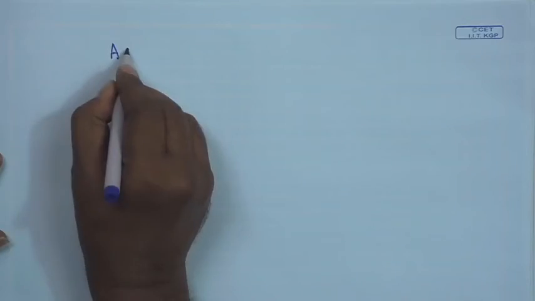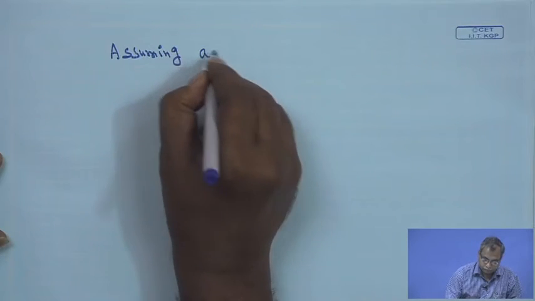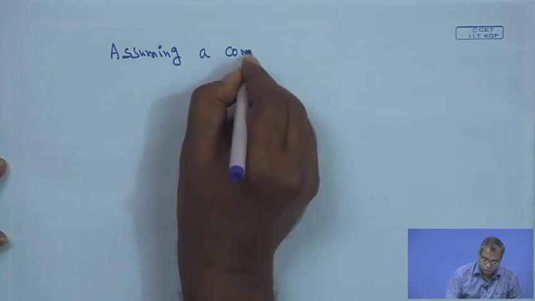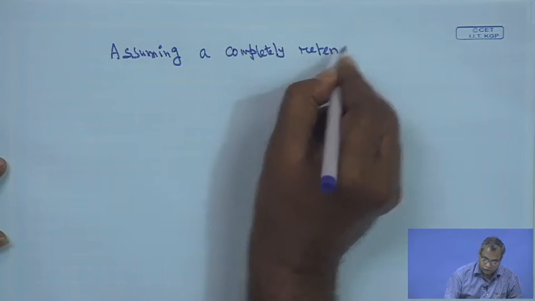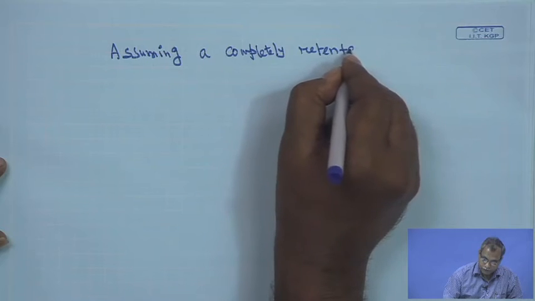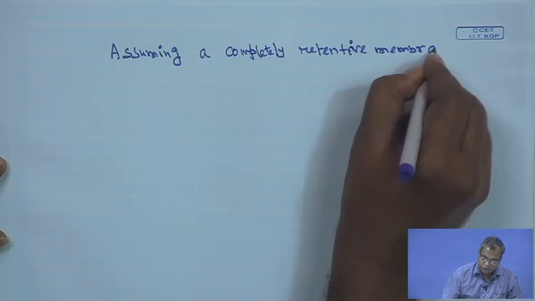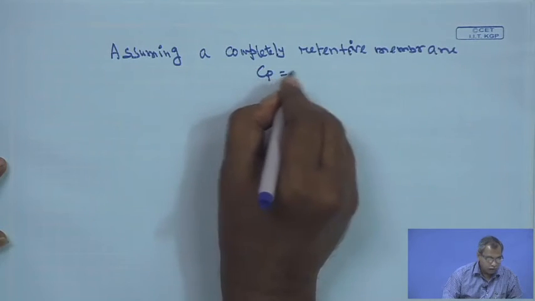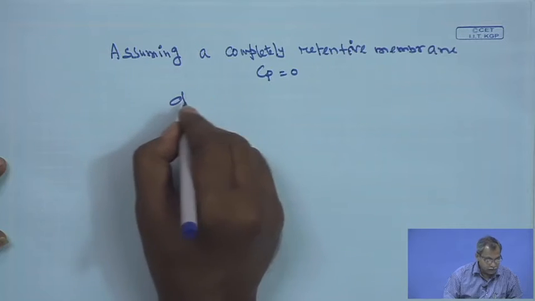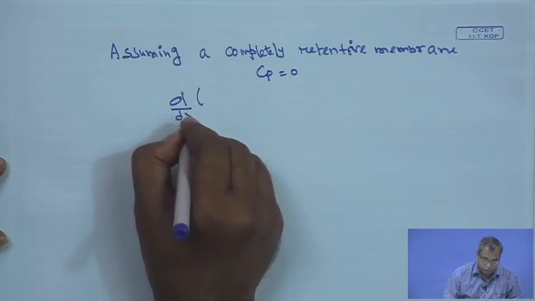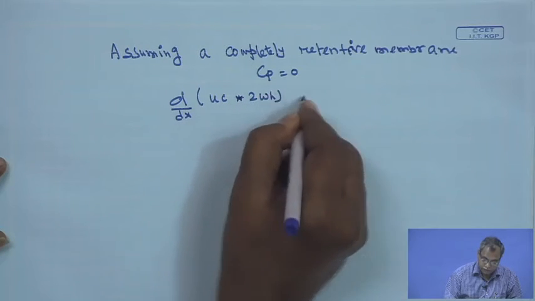So, assuming a completely retentive membrane, that means permeate concentration is 0. So, we will be having d dx of u c times 2 w h will be equal to 0.